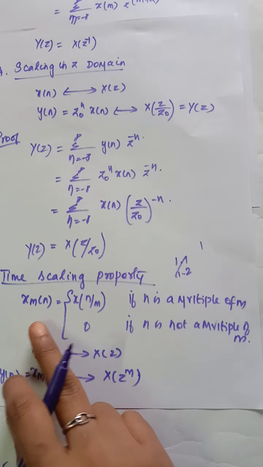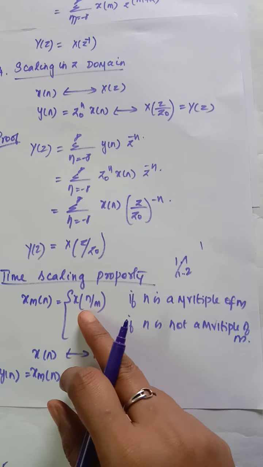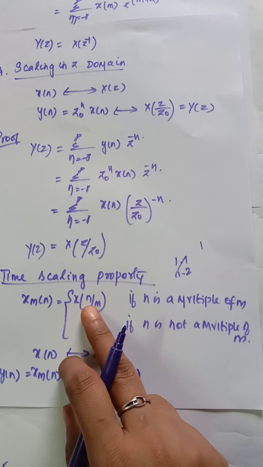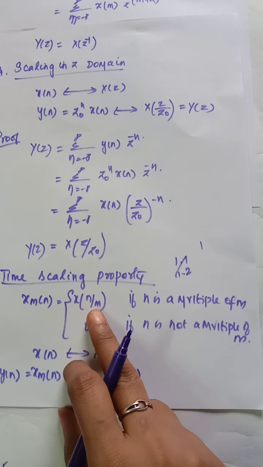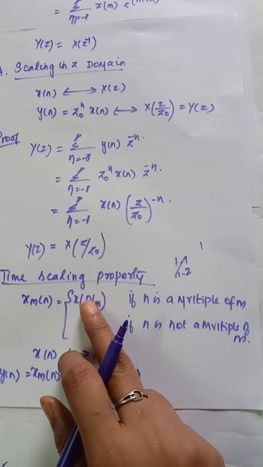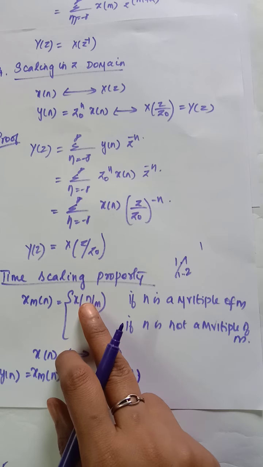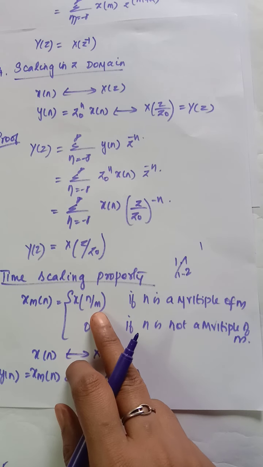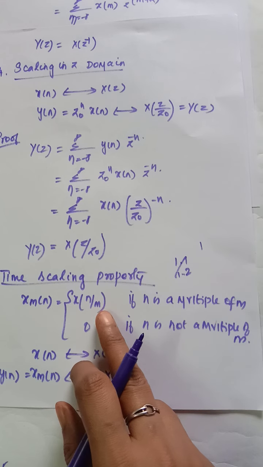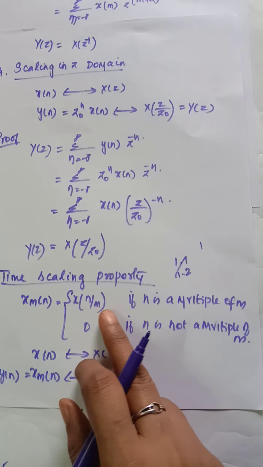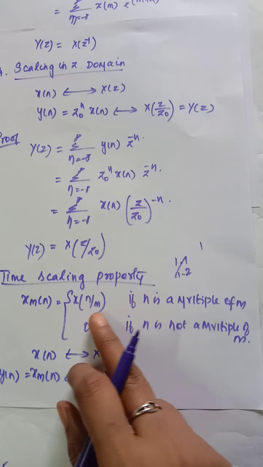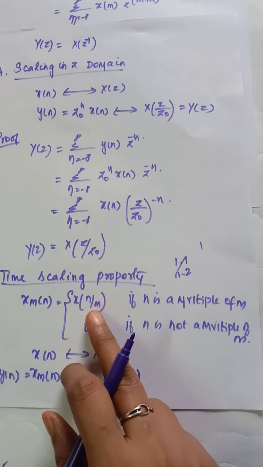Then only we will be able to do the time scaling. If n is equal to 4, m should be 2, then only you can get x of 2. Suppose you have n equal to 4 and m equal to 3, you will get a rational number like 1.33, and we may not be able to scale the index.